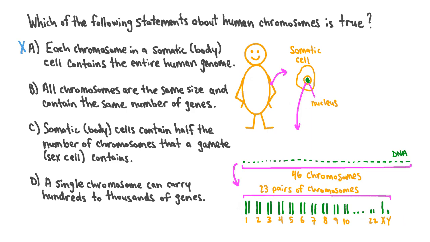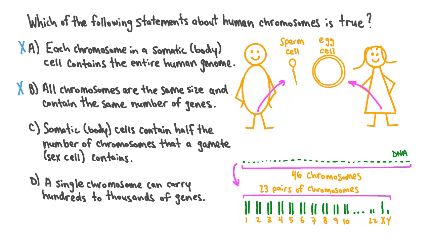Chromosomes within a pair carry a very similar number of genes. Genes are sections of chromosomes that code for a functional unit, such as a protein. The largest of them, chromosome 1, carries just over 2,000 genes, while chromosome 22, the smallest, contains about 500 genes. We can then eliminate this answer choice because all chromosomes aren't necessarily the same size or contain the same number of genes.